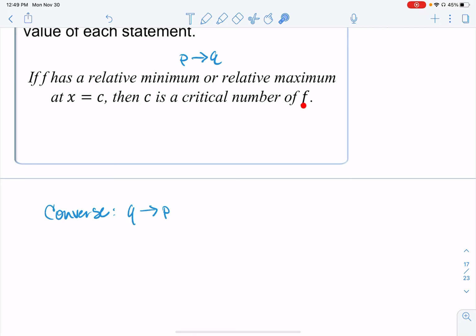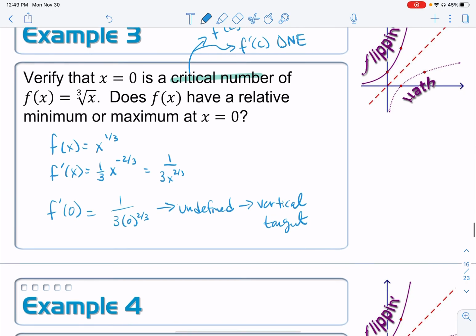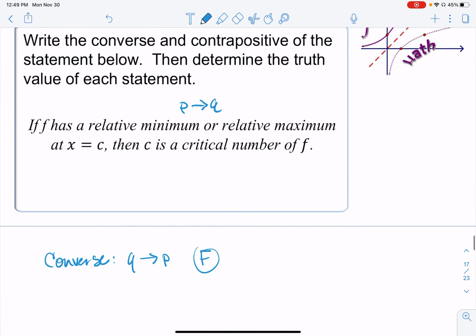The converse of that would be starting with a critical number. If c is a critical number of f, then f of x has a relative minimum or a maximum at x equals c. Is that true or false? In this case, it is false, and a counterexample would be the one that we just worked on right here in example 3.